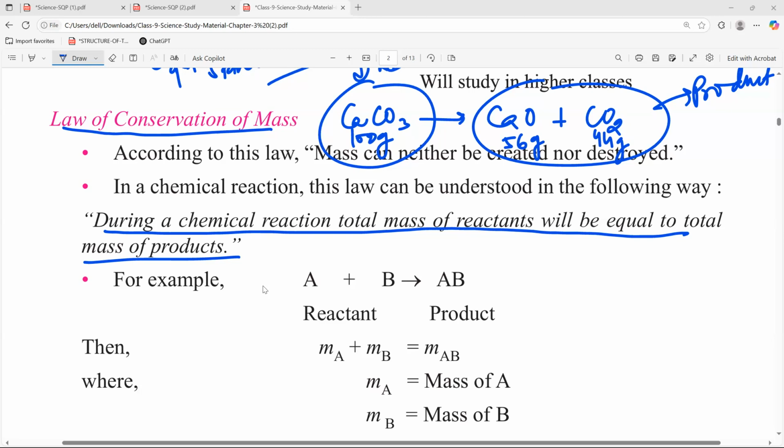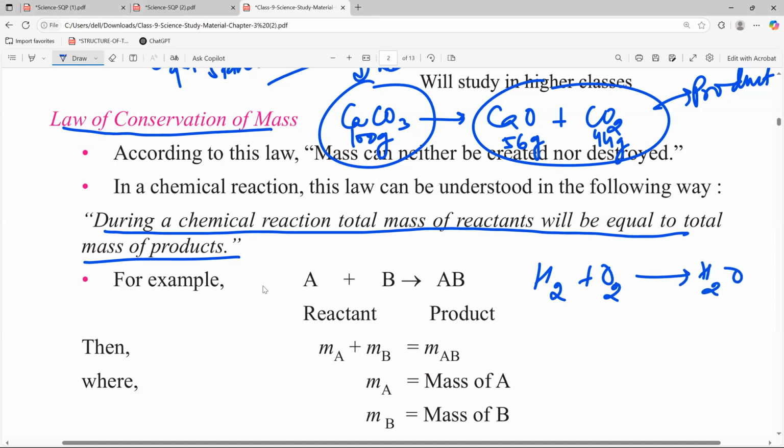What's your doubt? In the example you've given, CaCO3, that one is the product, right? No, it is not necessary. This is a type of decomposition reaction in which a single substance is broken. A single substance can be broken into multiple substances, and multiple substances can give you a single product also. For example, H2 plus O2 gives you H2O.